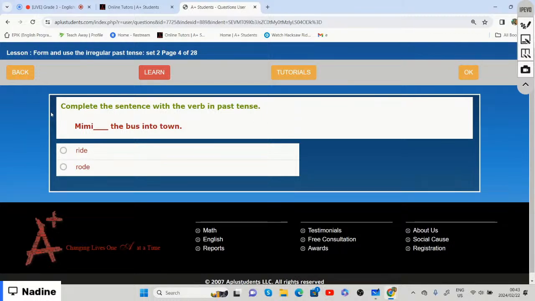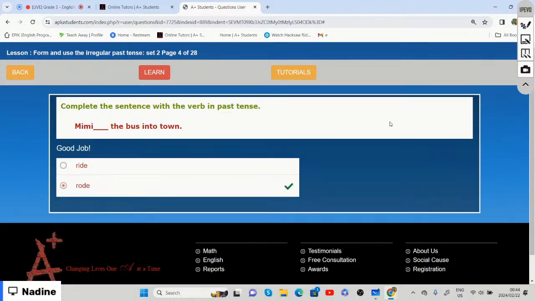And then Minnie, do we say Minnie ride the bus into town, or Minnie rode the bus into town? All right. So we can say Minnie rode the bus into town. And rode is correct.